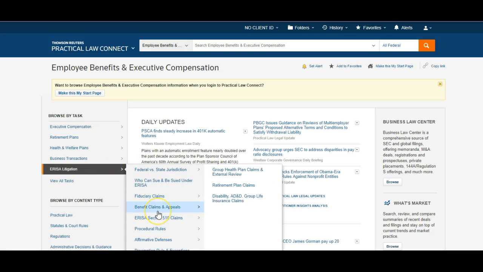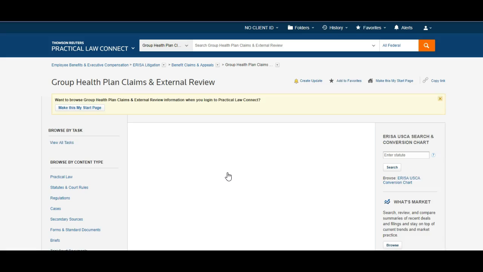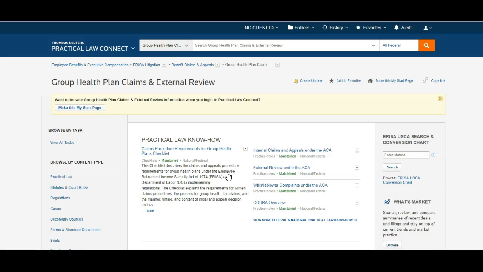And then if I can hover my mouse properly, and really just following your nose, so benefit claims, that makes sense. And again, because this is more practice-oriented, you could start here, because as you can see, it's very explanation, secondary source-oriented, but also, especially as you can see from browsing, you need to know a little bit about the area, so you need to know that group health plans are actually relevant to our client, actually what she has.